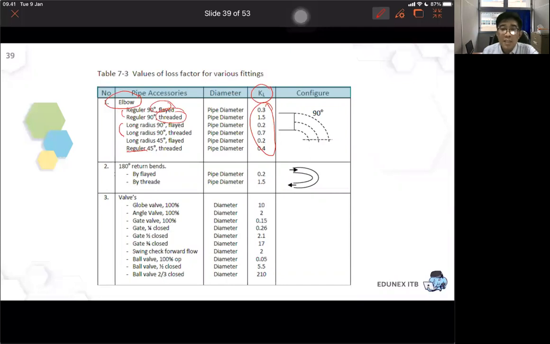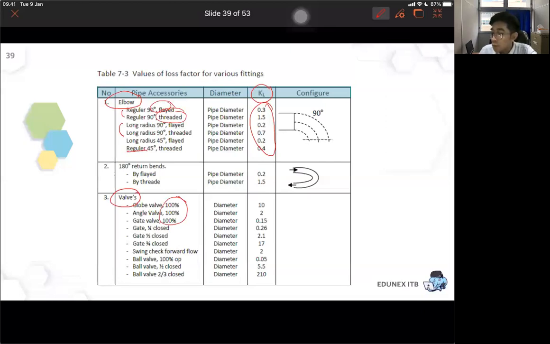It will be different in flow pattern. That's why each connection, each fitting has a different value of fitting constant. Or if you check the valve, you have globe valve 100%, angle valve 100%, gate valve 100%. It means fully open.